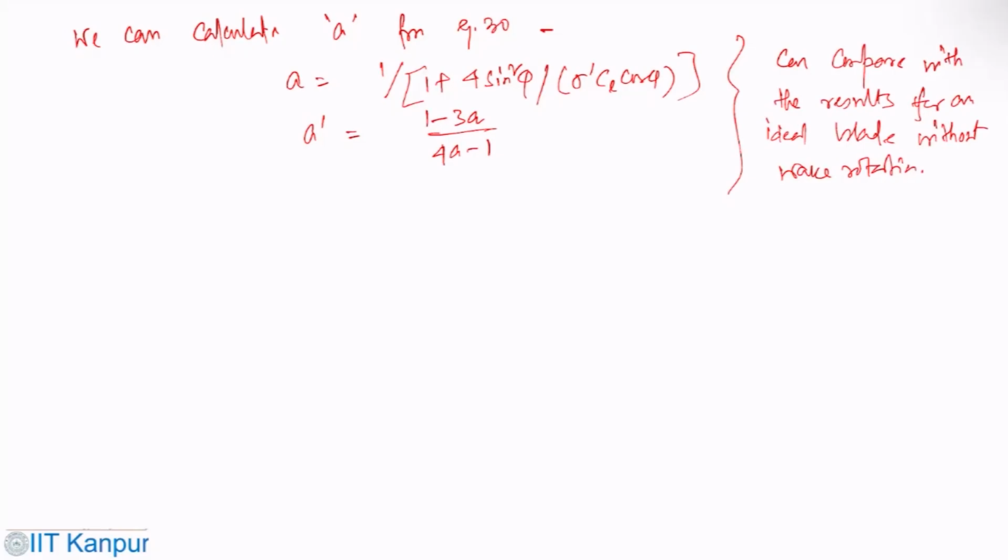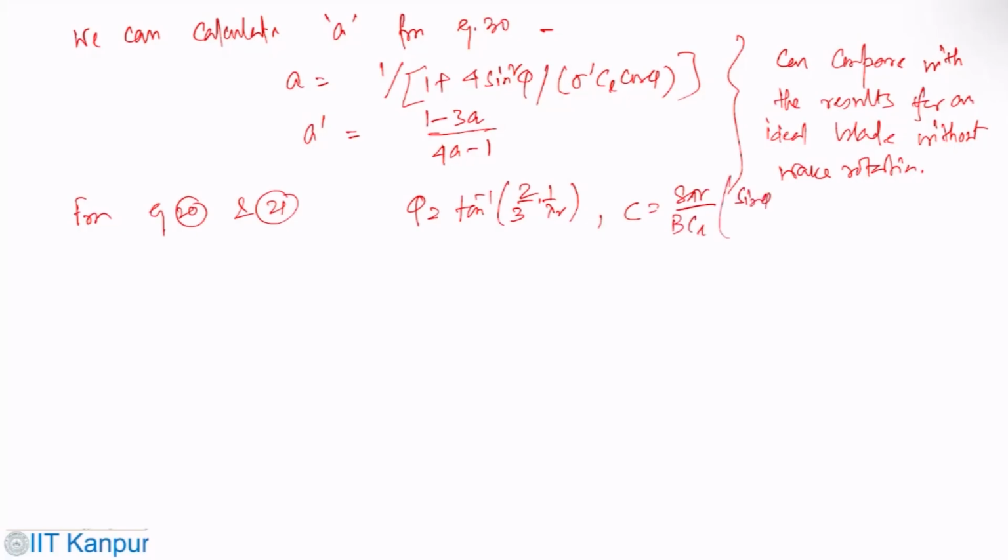Which you get essentially from equations 20 and 21: phi equals tan inverse of 2 by 3 lambda r, and C equals 8 pi r by B CL times sine phi by 3 lambda r.